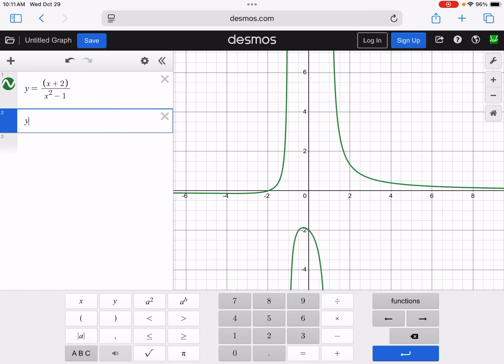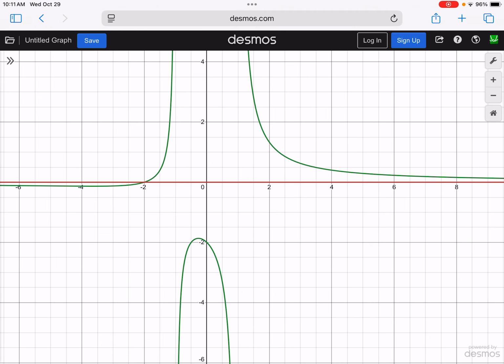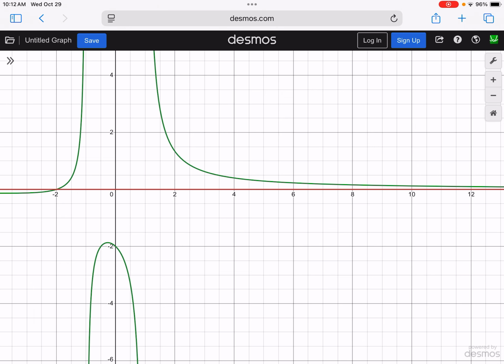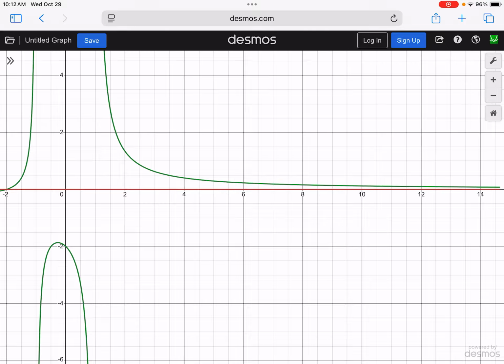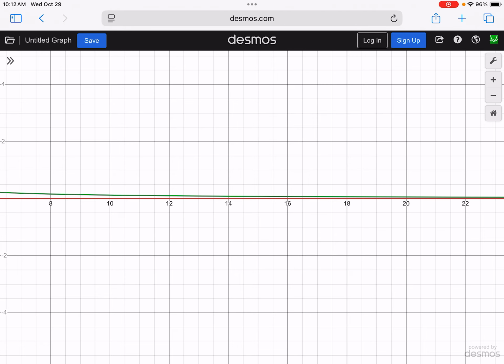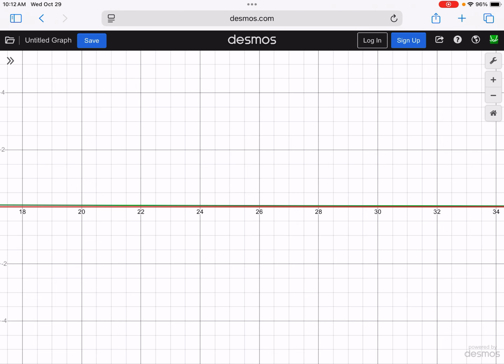So y equals 0 is a horizontal line. Now, what happens to our function on the right side? When we go to the right, the value of y approaches 0 while x goes to positive infinity.